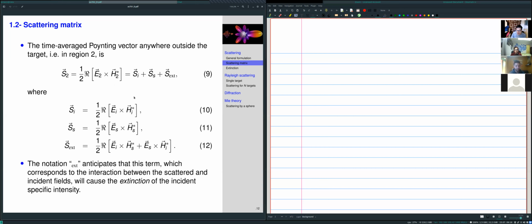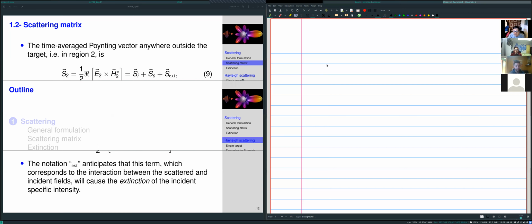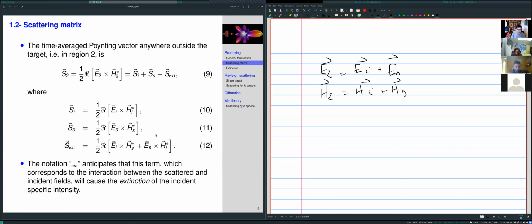Let me write it down. E2 is E incident plus E scattered. Okay. And this is what we need to plug into, and the same with H. Okay, of course. H2 is also H incident plus H scattered. And so when you do the math and you plug it in, this is what comes out. We have this crosstalk term, which is labeled extinction.